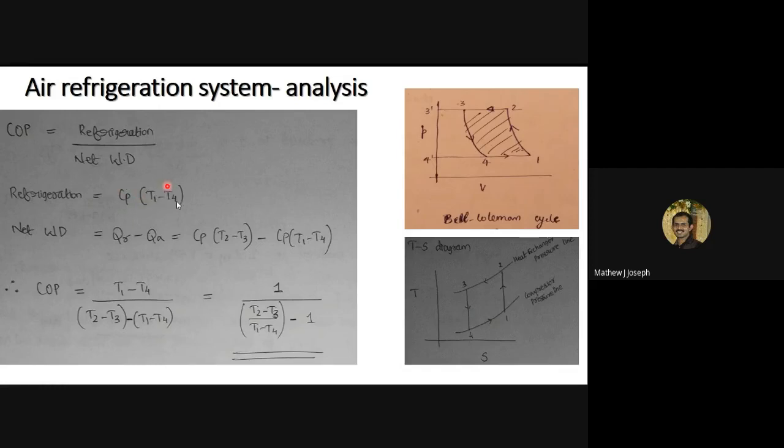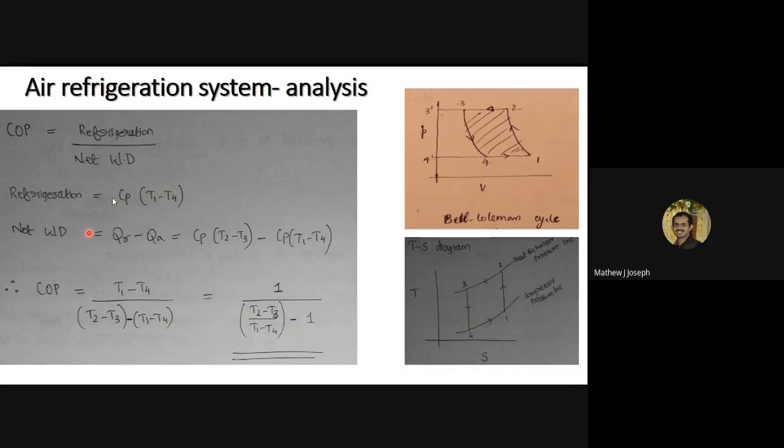The temperature of the working fluid, that is air, is increasing from T4 to T1. So that temperature change, Cp times delta T, is the refrigeration effect produced by the working fluid. Actually, the representation should be m Cp delta T, but for calculation purpose, we are taking the mass flow rate of the working fluid as 1, or unity.